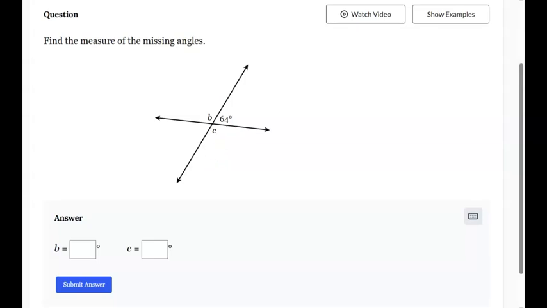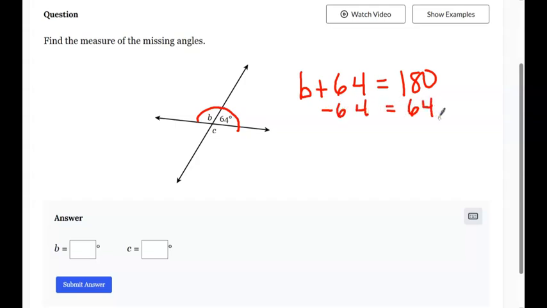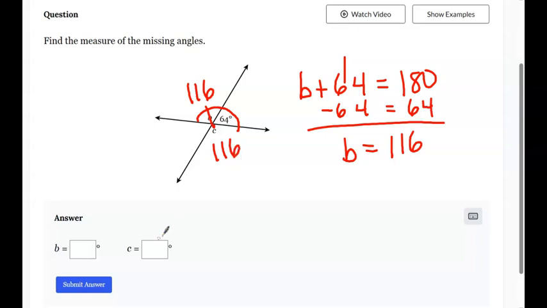Or I could find B first because it's also supplementary to 64. But once I set this up, using the right relationship and finding the missing angle, I can find other missing angles. So B is equal to 116. So if B is equal to 116, so is C, because they are vertical.